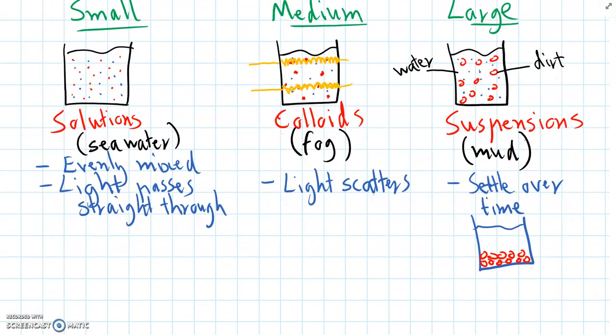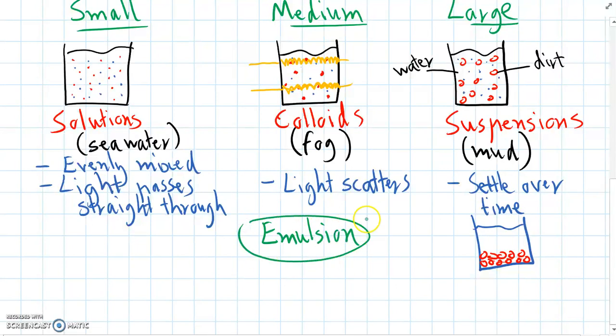And one final special type of mixture is called an emulsion. And emulsions are a type of colloid, so they still have medium-sized particles, but they are a liquid that's mixed with another liquid.